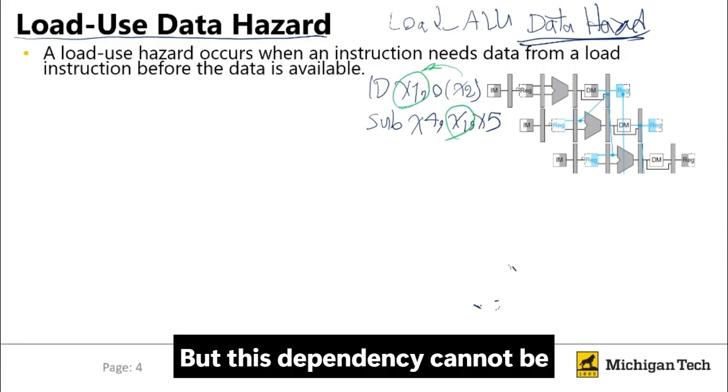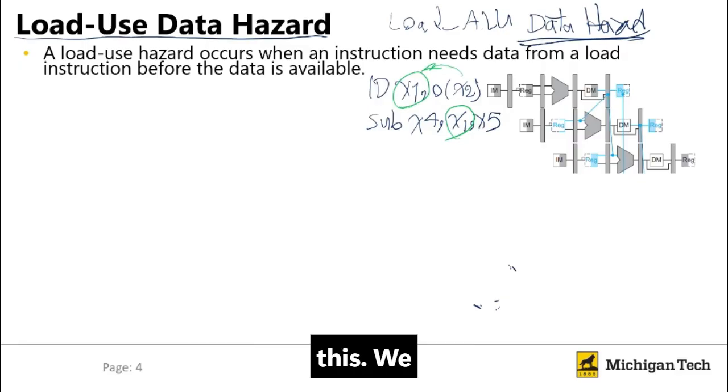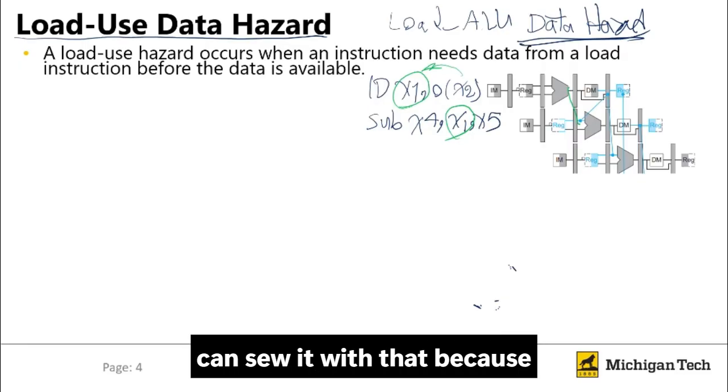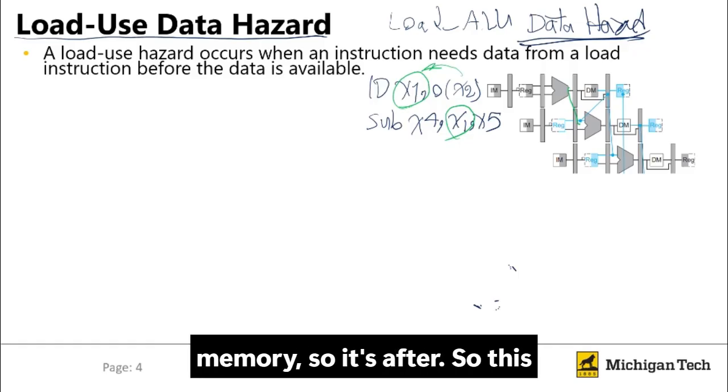But this dependency cannot be solved using just one feedback from memory to memory. Memory to memory was like this. We can't solve it with that because the output is after reading from memory.